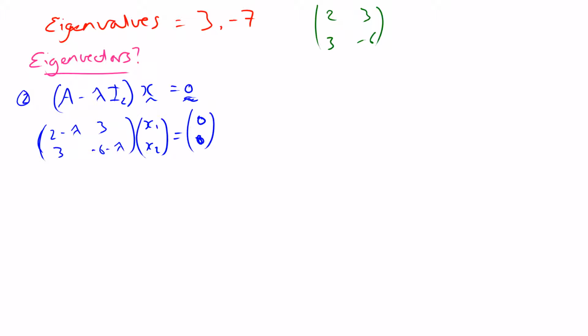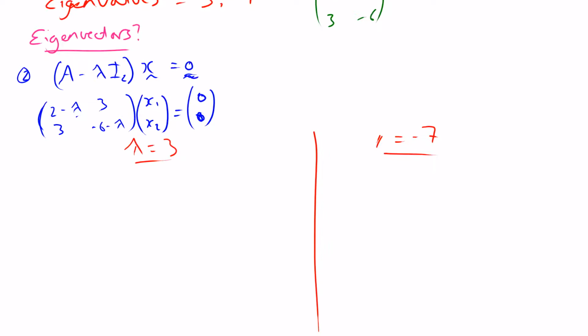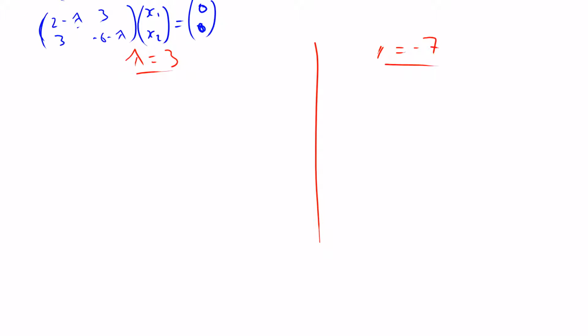But we actually know what lambda is now. So we can take this for the two values of lambda: lambda equals 3 and lambda equals -7. So let's split this up and solve it.